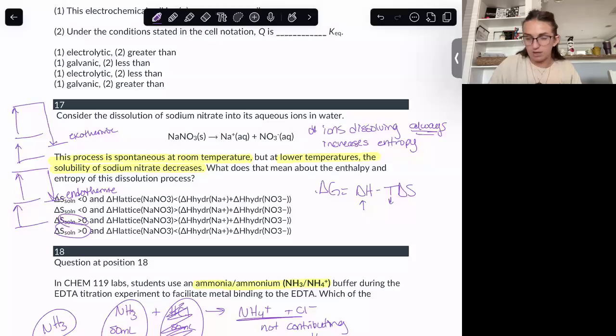How do your delta H and delta S change depending on what's occurring spontaneously? And then what does it mean for lattice and hydration?